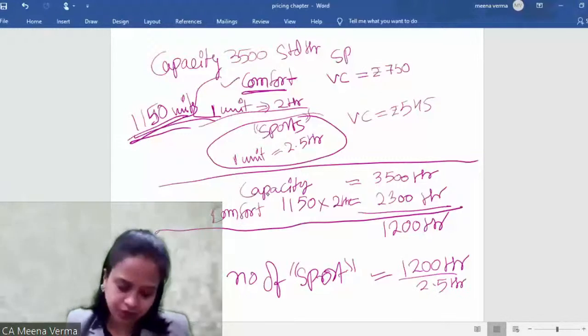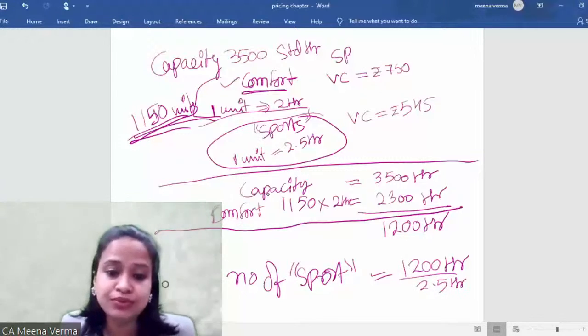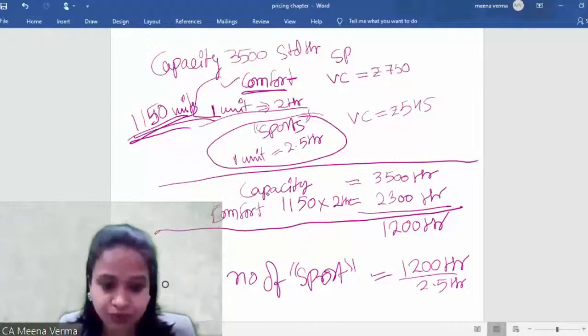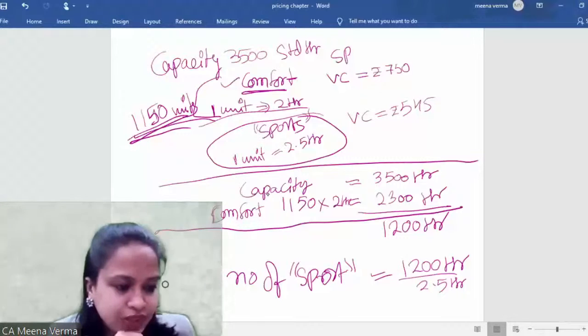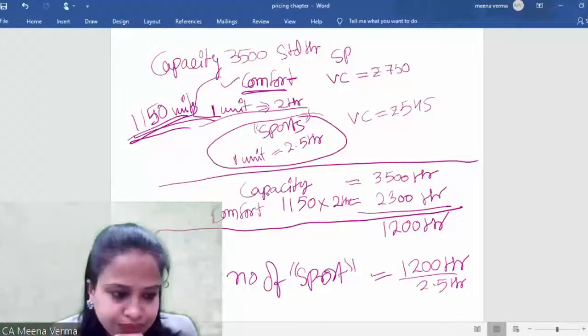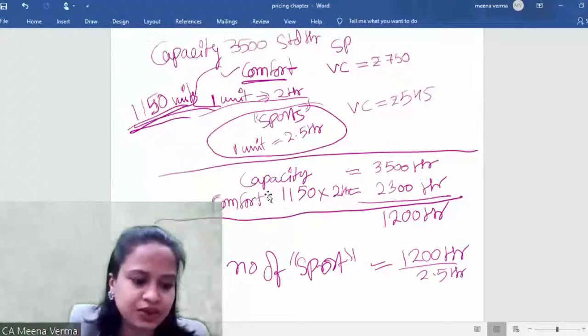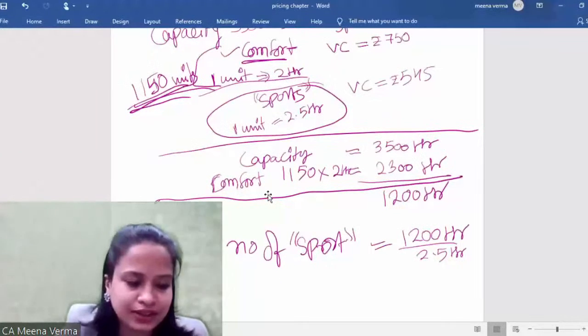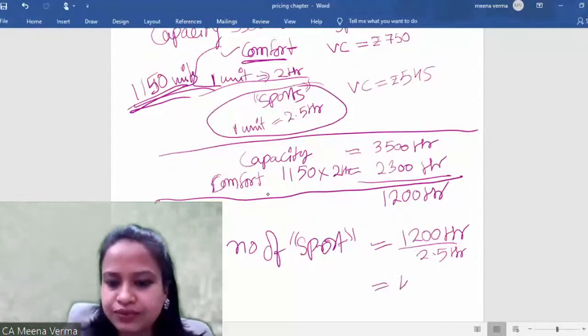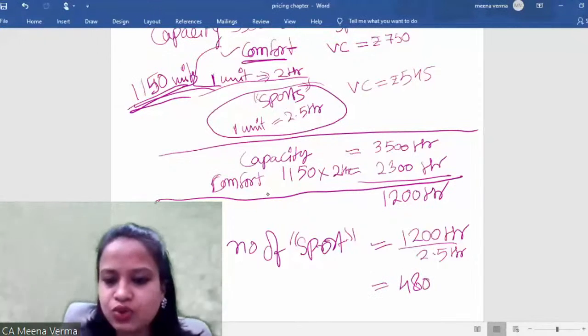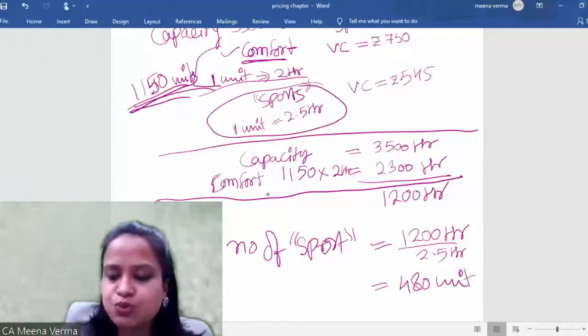You will divide them and find the maximum sports product they can manufacture with spare capacity. At this place, you will get the value 480. You can produce 480 units of sports.